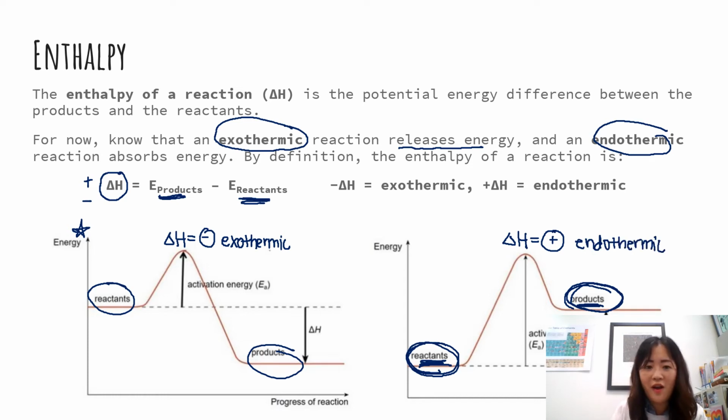And you could see here between the two reactions that we have, right? So this is what our activation energy looks like for an exothermic reaction. And this is what our activation energy looks like for an endothermic reaction, right? That huge increase in activation energy can be explained by the fact that we actually have to put heat in for this chemical reaction to occur and turn over to products.